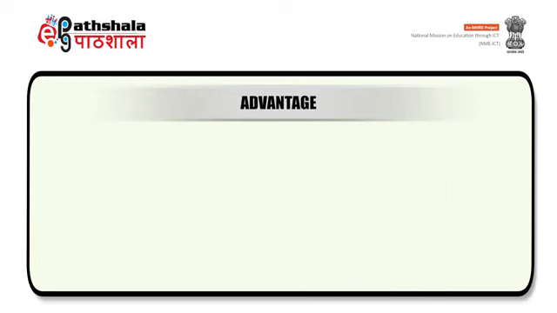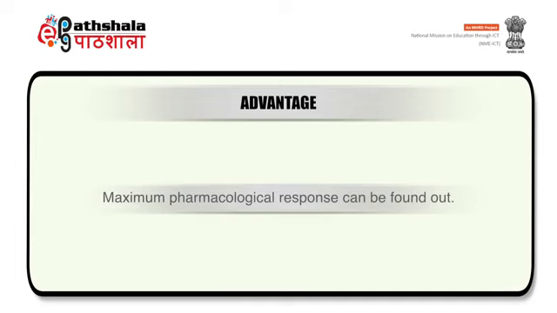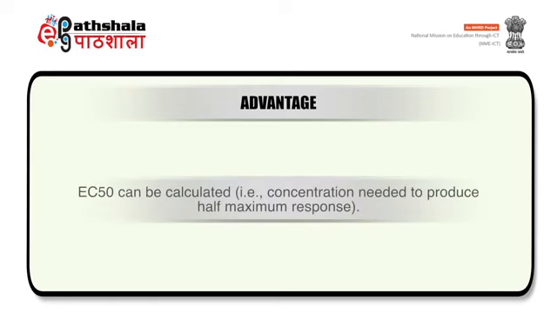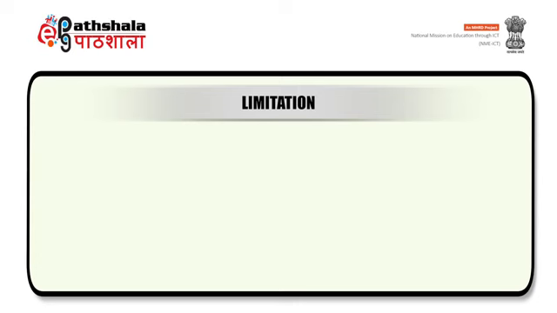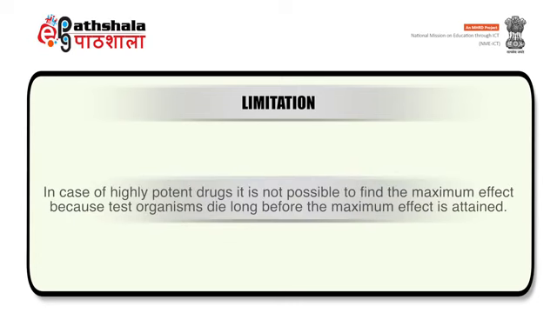The advantage of the Emax concentration effect model is that maximum pharmacological response can be found out. EC50 can be calculated, that is, the concentration needed to produce half maximum response. There are also limitations of this model, which include that in case of highly potent drugs, it is not possible to find the maximum effect because test organisms die long before the maximum effect is attained.